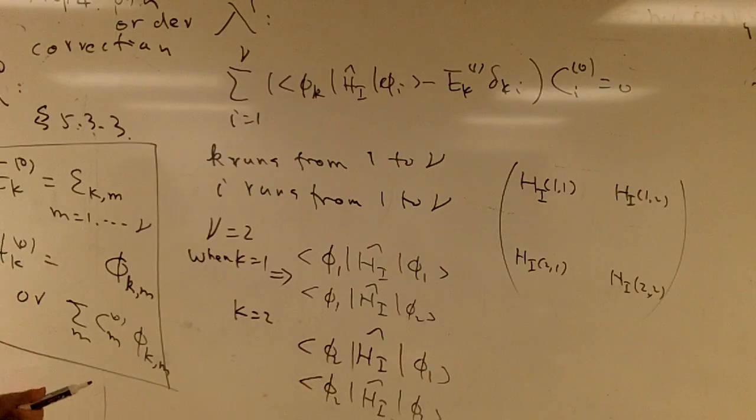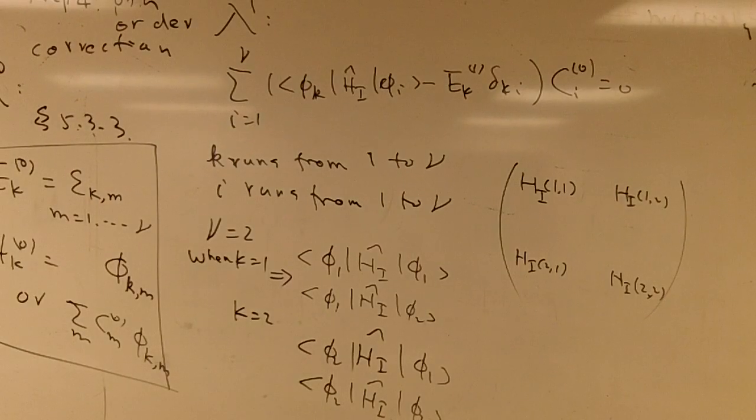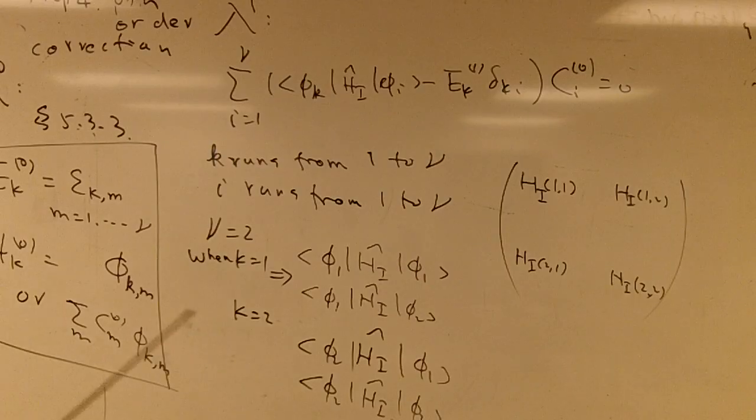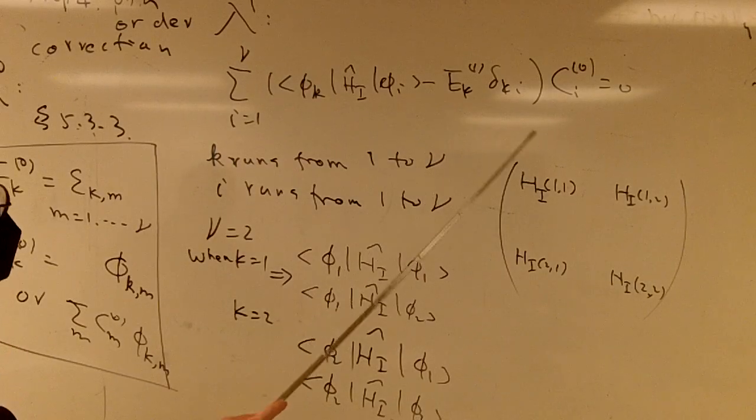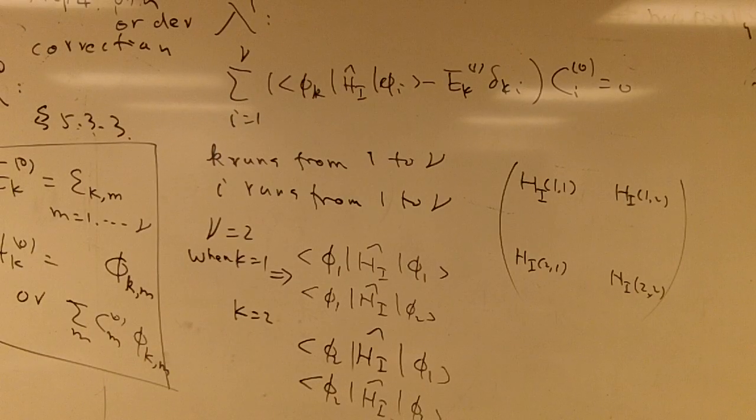Now, did you guys see this is a 2 by 2 matrix? In other words, if I have degeneracy equal to 2, then I would have a 2 by 2 matrix. If I have eta equals 10, then we'd have a 10 by 10 matrix. So this is the matrix element.